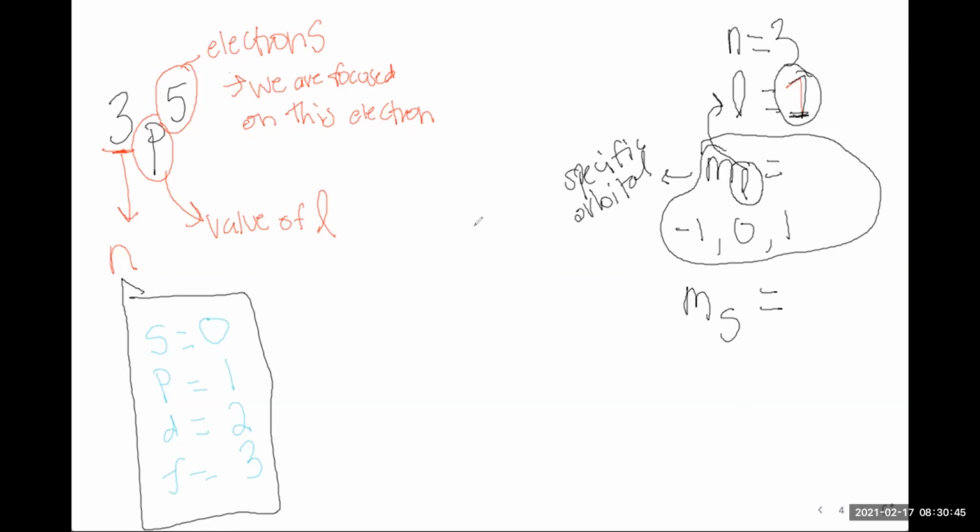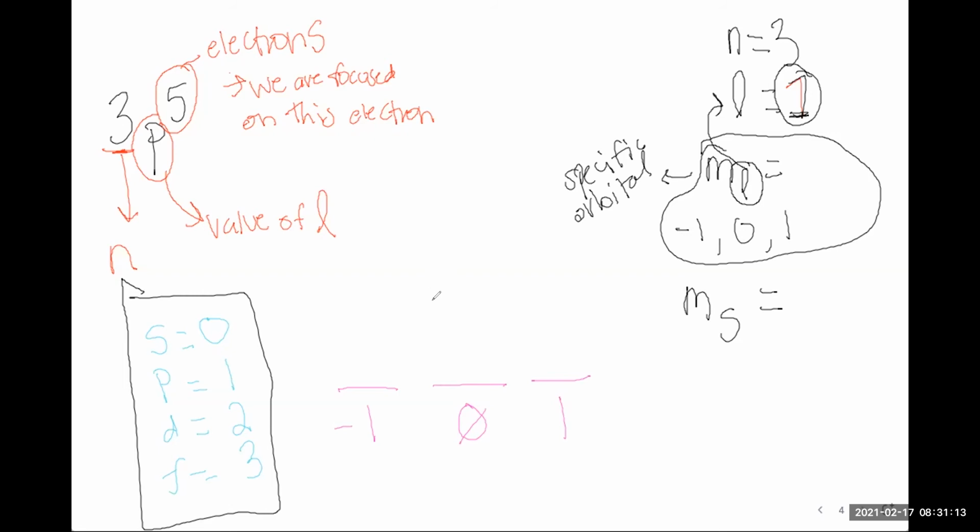So we know that for this one, our range is going to be between -1 through +1. So we need to make sure we include 0. Let me do it in pink. So we have -1, 0, and 1.